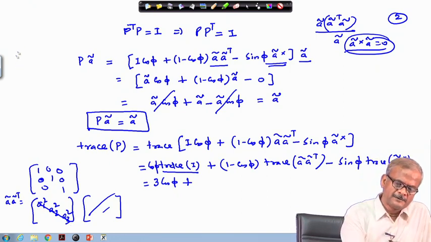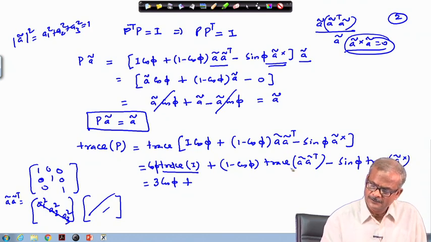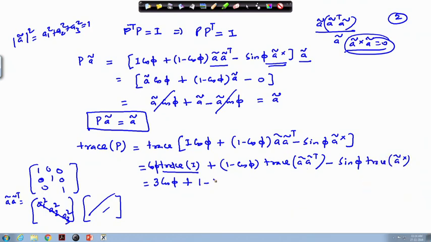Already we know that the magnitude of A tilde squared equals A1 square plus A2 square plus A3 square, which equals 1, and therefore this gets reduced to 1. We have 1 minus cos phi in this place, and minus sin phi times the trace of A cross.